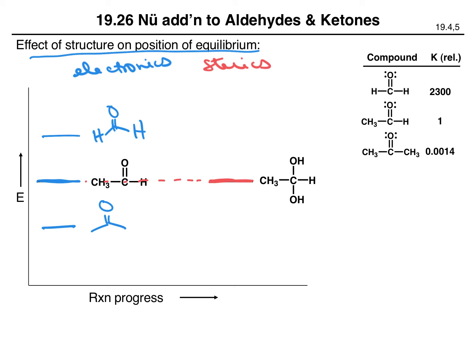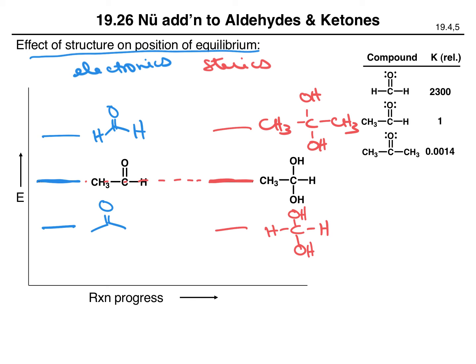So now, as we think about sterics, because the hydrogens are much smaller than something with more alkyl groups, the formaldehyde hydrate is going to be lower in energy, more stable, and something with more alkyl groups, in other words, the acetone hydrate, is going to be higher in energy.